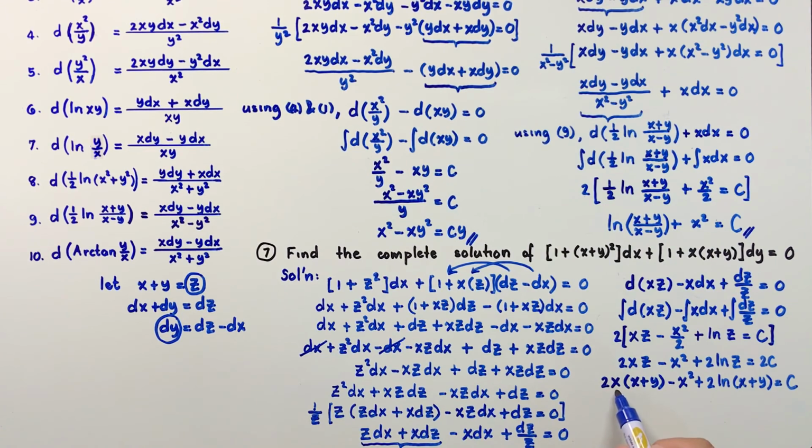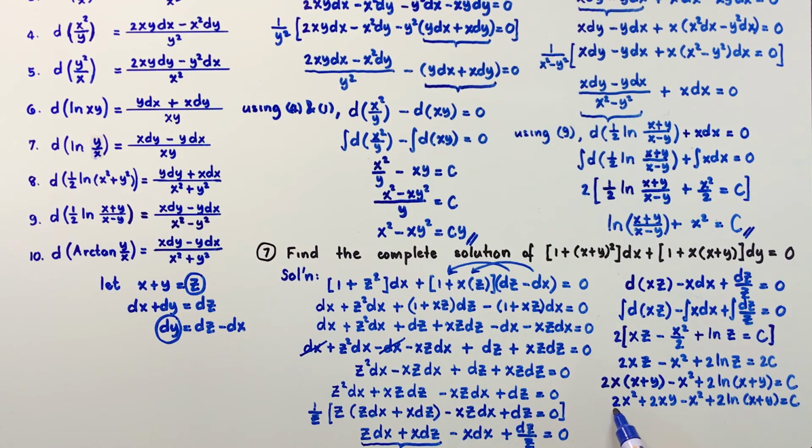So distributing this 2x to this binomial, we have 2x squared plus 2xy minus x squared plus twice the natural log of x plus y, which is equal to the constant of integration c.